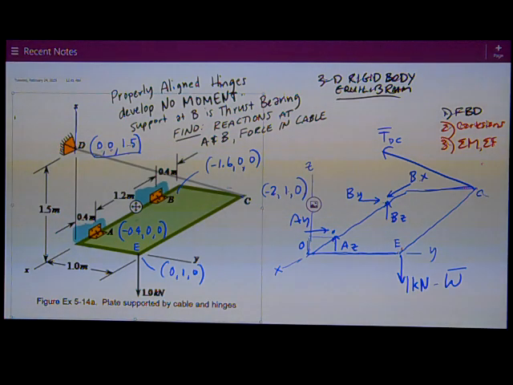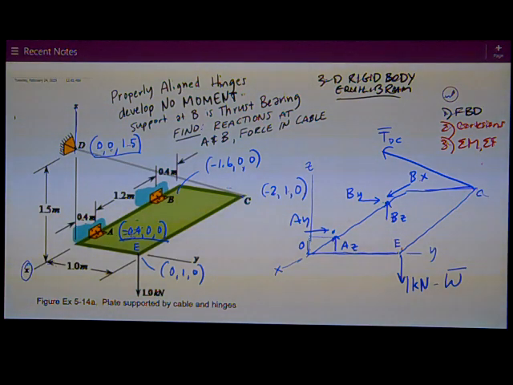Point A is right here, negative 0.4. Here's the x-axis coming out to the left. And then everything else between A and B lies on the x-axis, so 0 and 0 for the second 2 coordinates of the 3. B is at negative 1.6, 0, and 0.